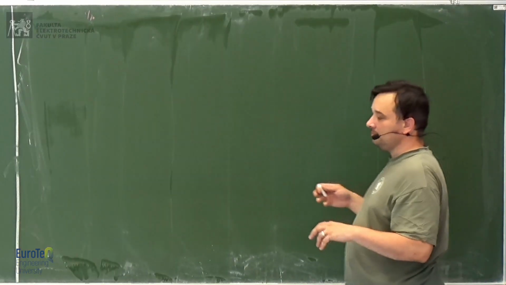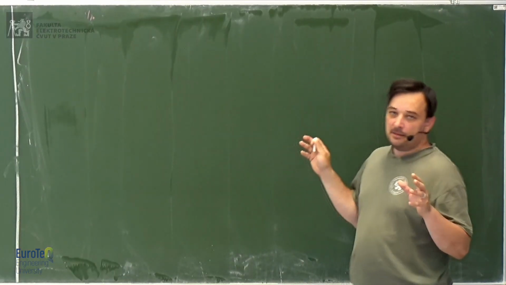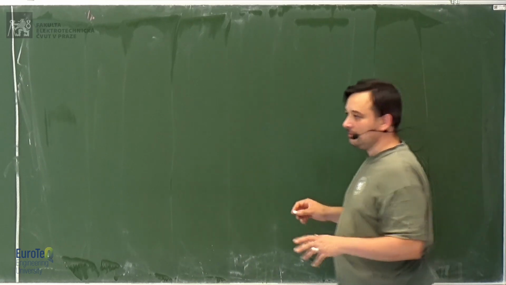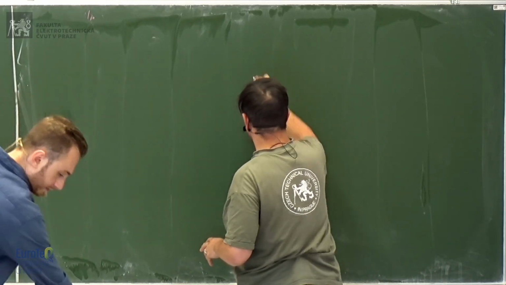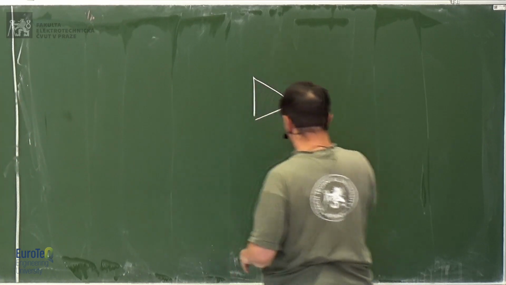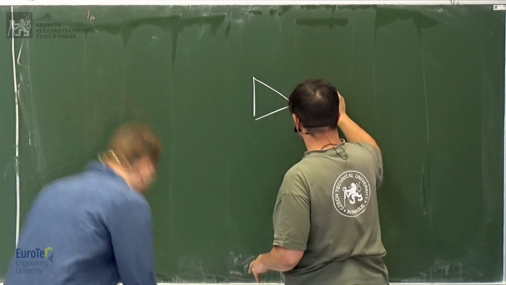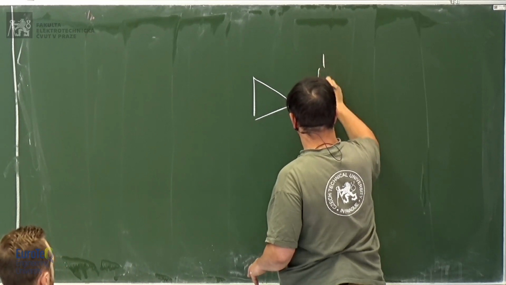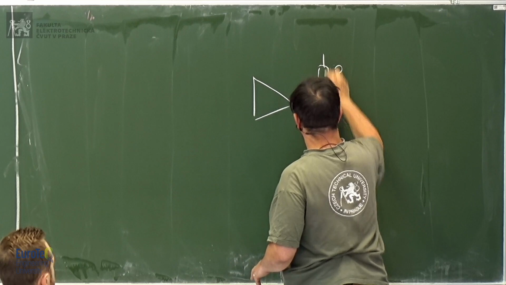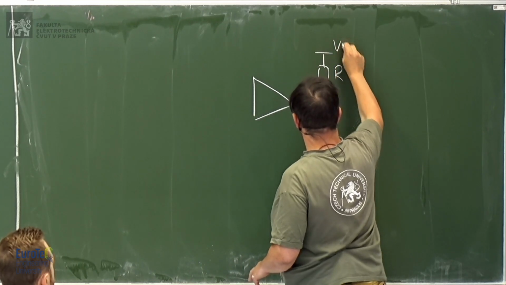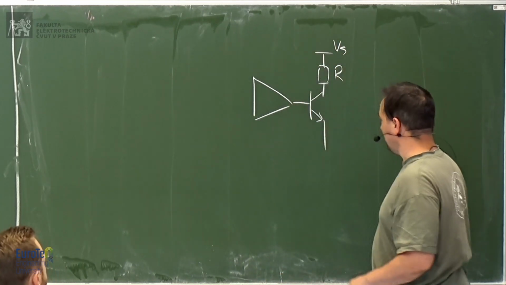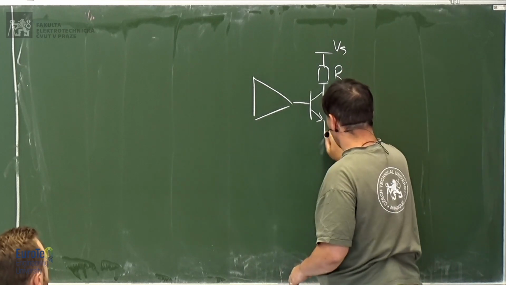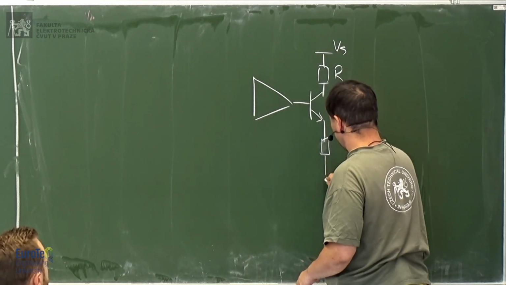So before going to the differential amplifier, just a simple circuit that we can watch. You have a resistance. You have something like that, and we're going to drive it.